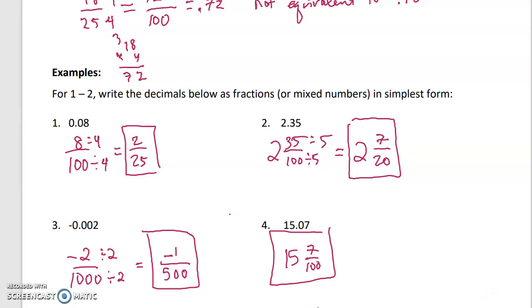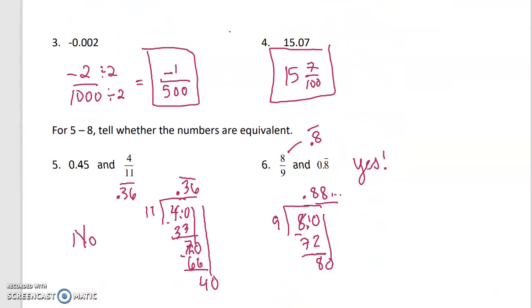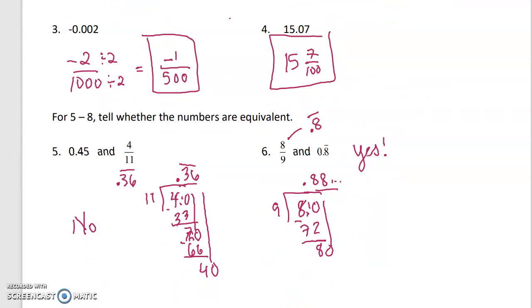For the bottom 2, I have chosen the method of dividing because the fractions that I was given cannot be made into a multiple of 10, or power of 10. So for 4/11ths, I'm going to take 4 and divide by 11, and if you notice, I am going to get a repeating decimal. Remember, when we see a number in the division appear again, that's going to tell us we have something that's repeating.